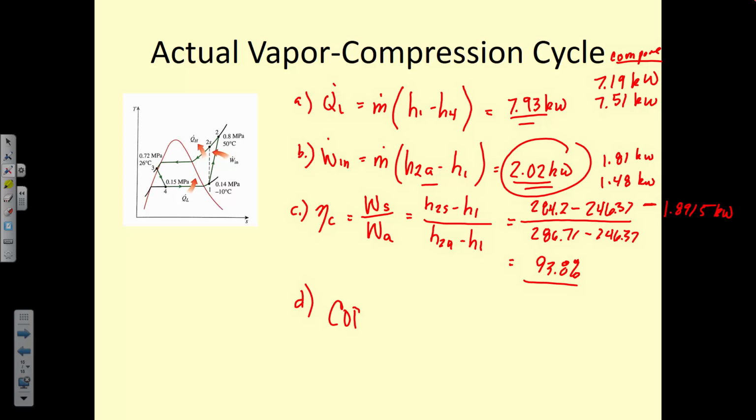Now our coefficient of performance for the refrigerator, again, is equal to Q dot L over work dot in. We calculated Q L and work in, so it's just 7.93 kilowatts divided by 2.02 kilowatts, which gives us 3.93 for our coefficient of performance. We can compare that to the case with our throttling valve, where we have an isentropic compressor, and 5.07 was when we have the turbine involved.